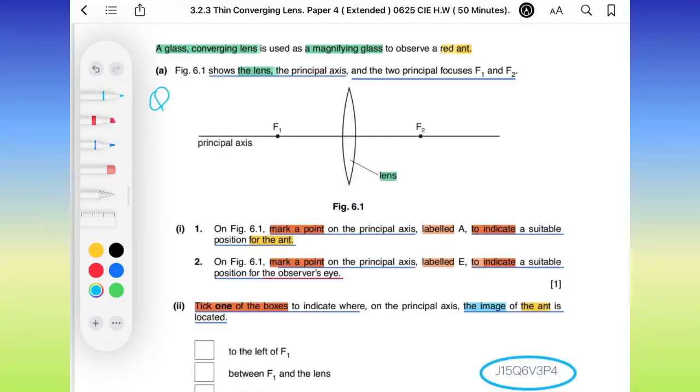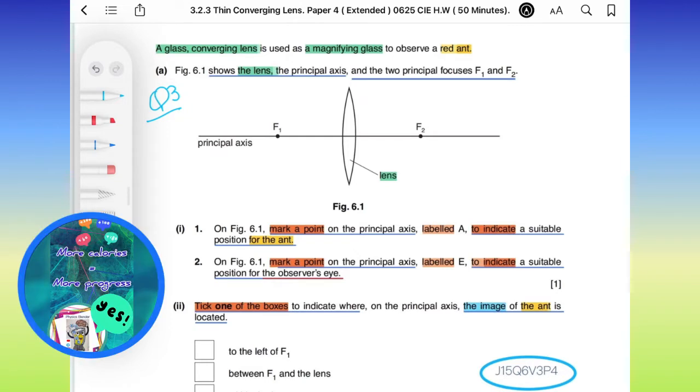Question 3. A glass converging lens is used as a magnifying glass to observe a red ant, showing the lens, the principal axis, and the two principal focuses, F1 and F2. On the figure, mark a point on the principal axis labeled A to indicate the suitable position for the ant.